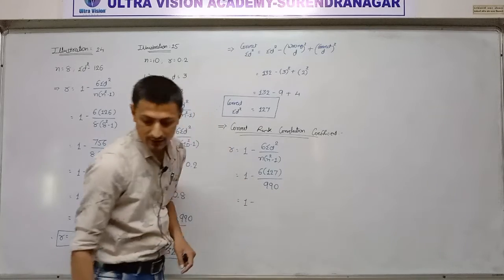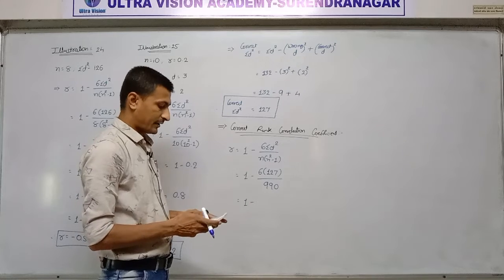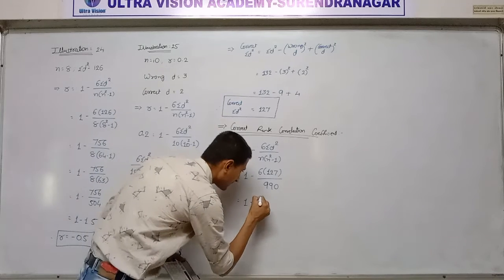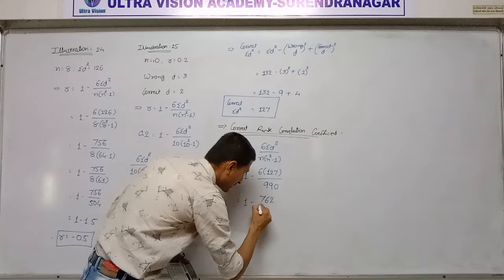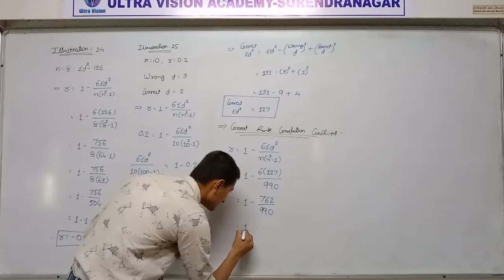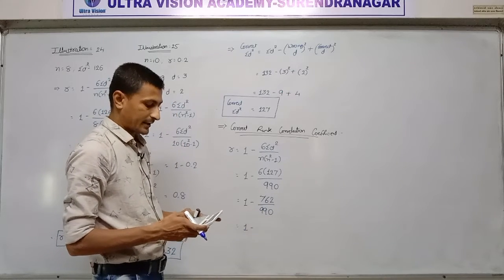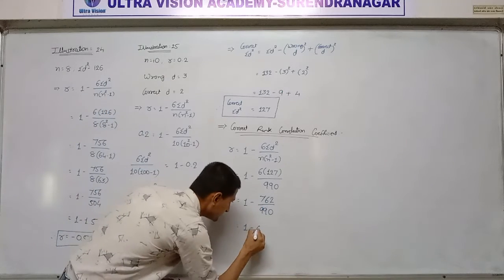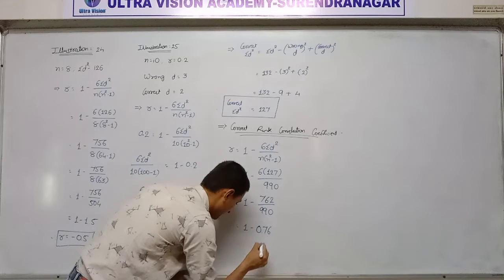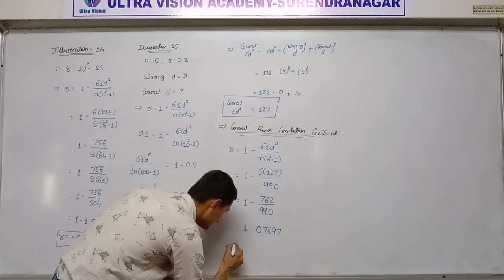So 1 minus, using LCM, 127 into 6, 762 divided by 990. So 1 minus 762 divided by 990 is 0.7697.